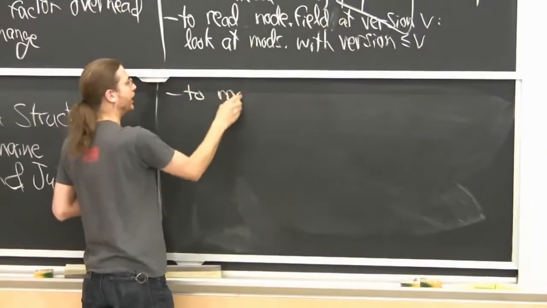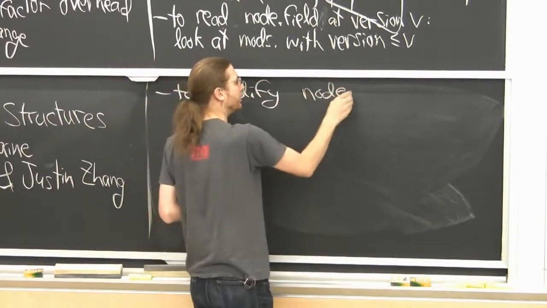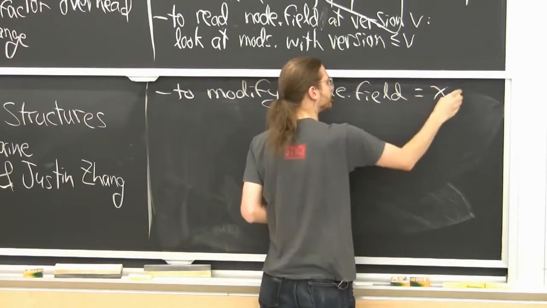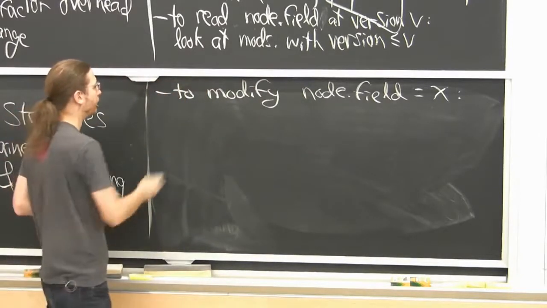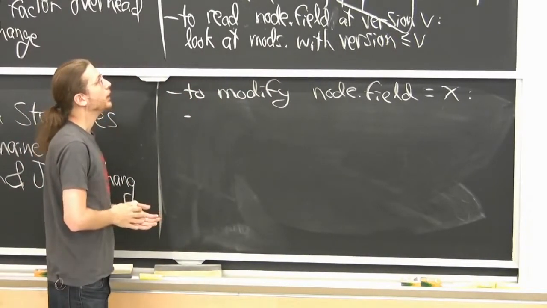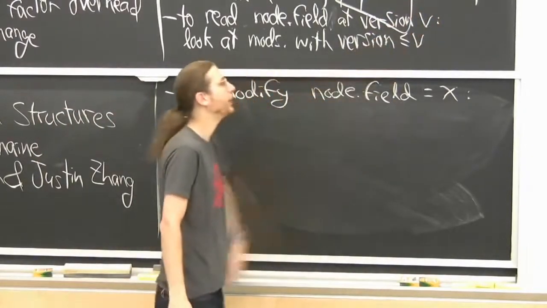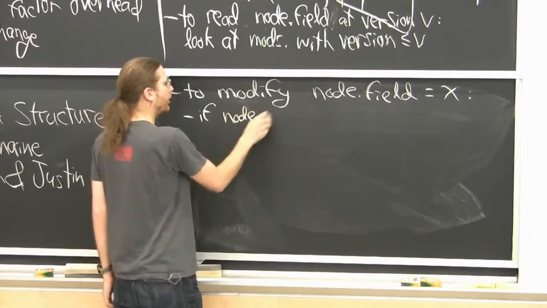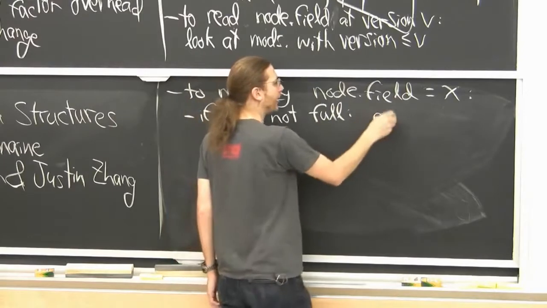So to modify, say we want to set node.field equal to x. What we do is first we check, is there any space in the mod structure? If there's any blank mods, so if the node is not full, we just add a mod.